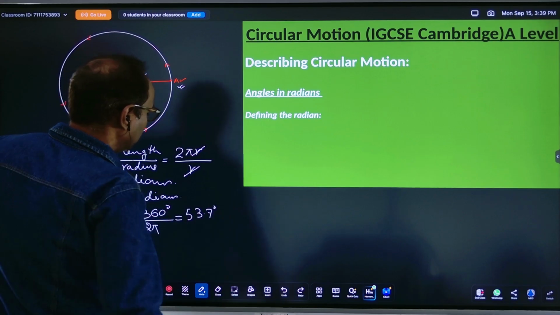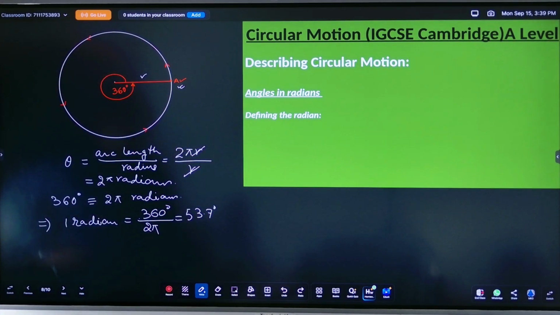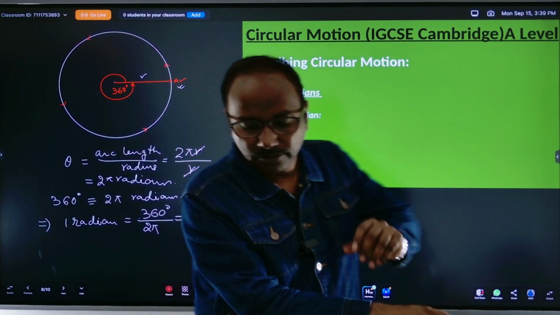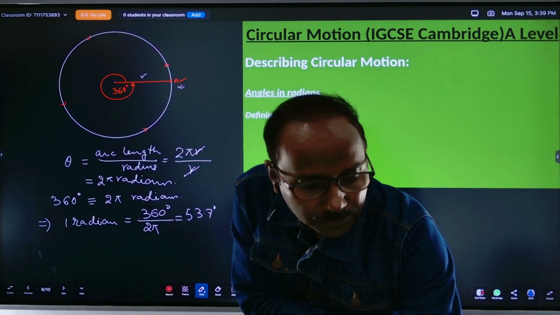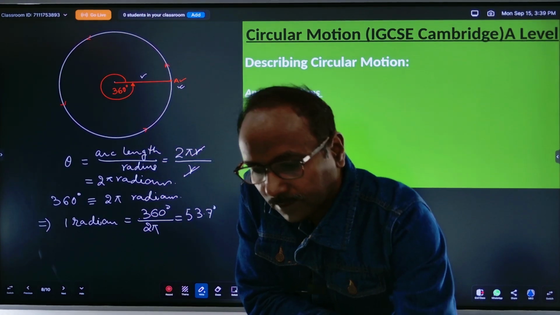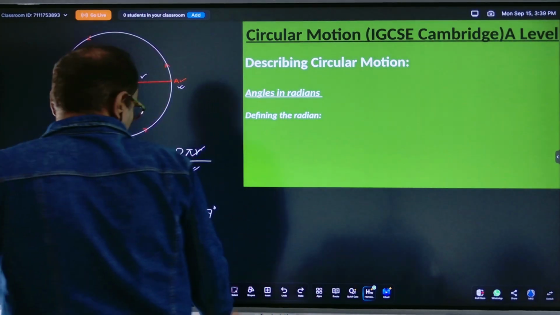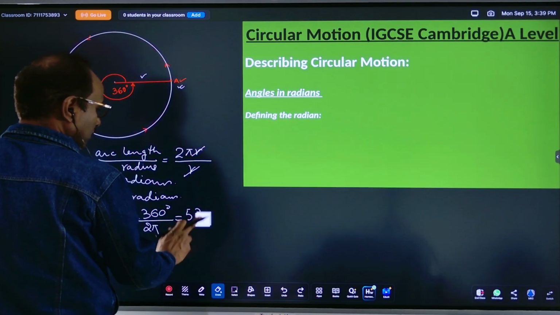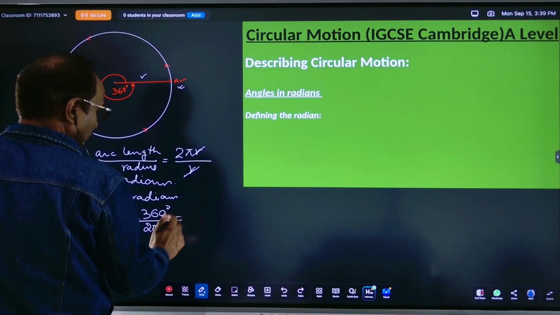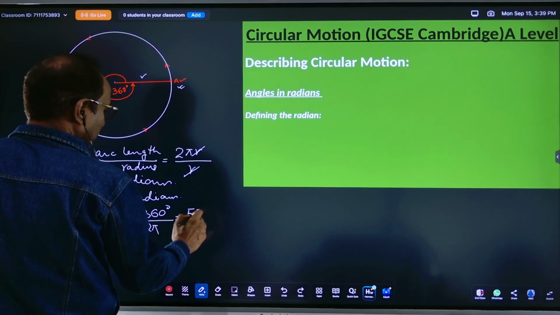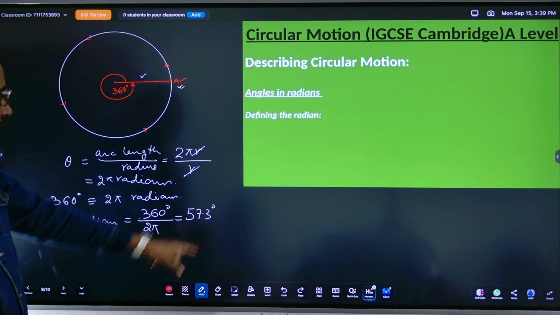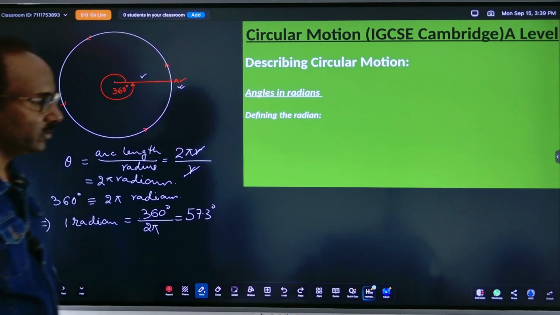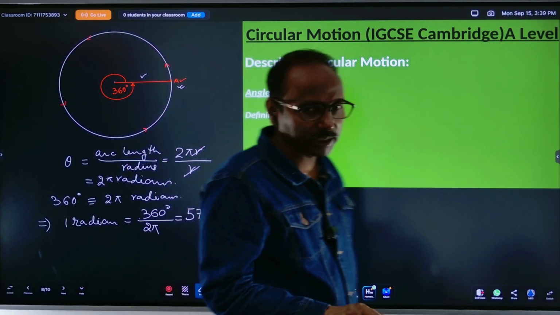If you calculate, you will get 57.3 degree. It means 1 radian is equivalent to 57.3 degree.